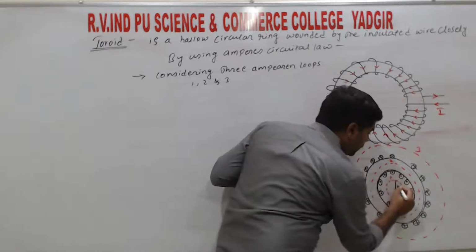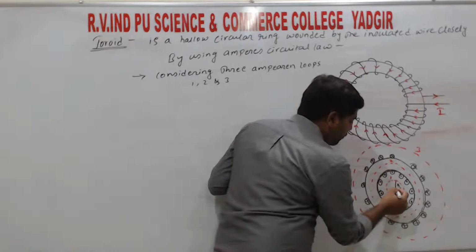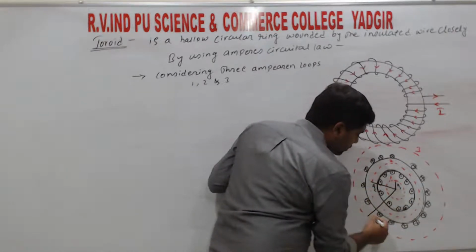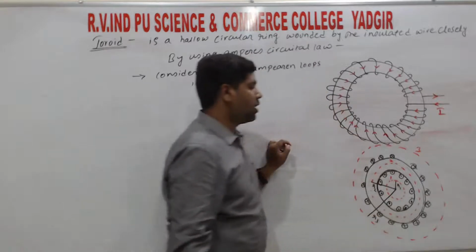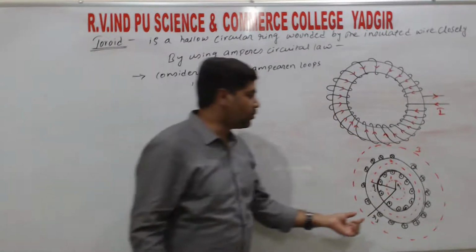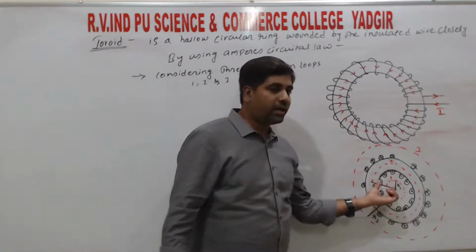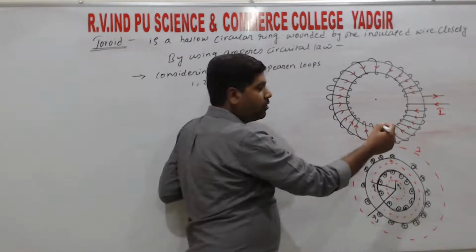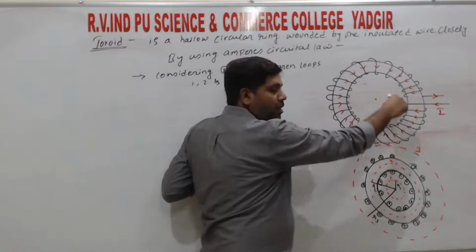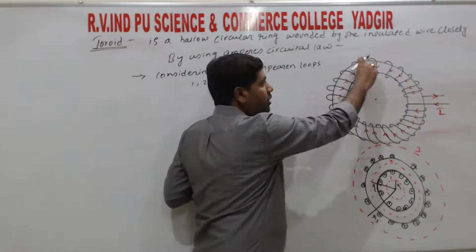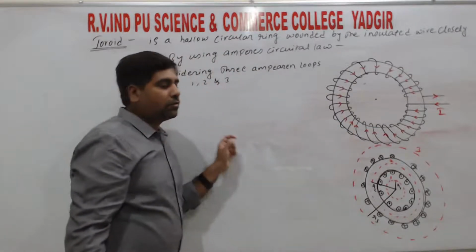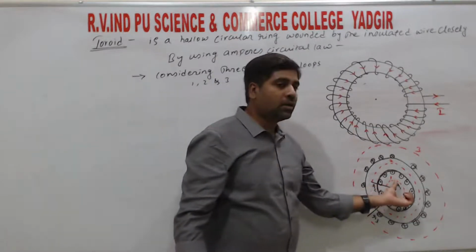For the first loop the radius is r1, for the second loop the radius is r2, and for the third the radius is r3. So we consider 3 loops having different radii from the center. One is inside the hollow ring, one in between, and one completely outside the hollow ring, right? So we consider 3 Ampere loops.